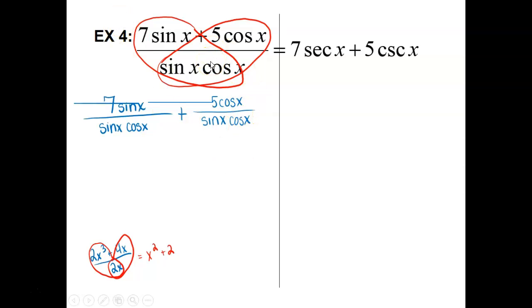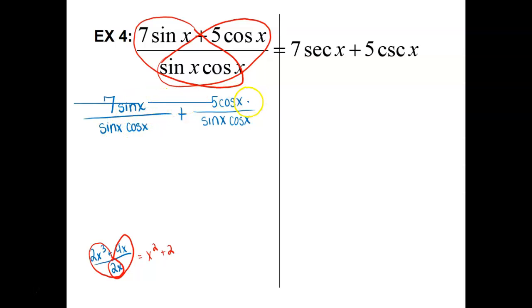This really doesn't have a special term. You're just dividing both terms by sine x cosine x. So it's really just dividing. But your professor might think you're crazy if you tell them that you're doing the love connection in math class. It's dividing, but that helps me remember what to do there.